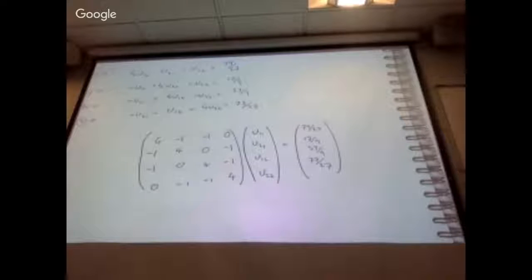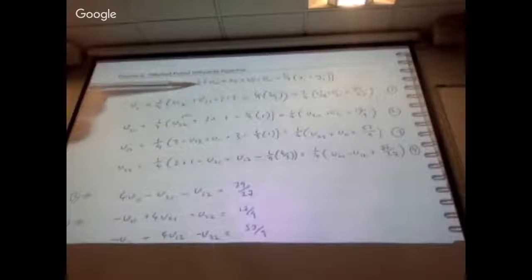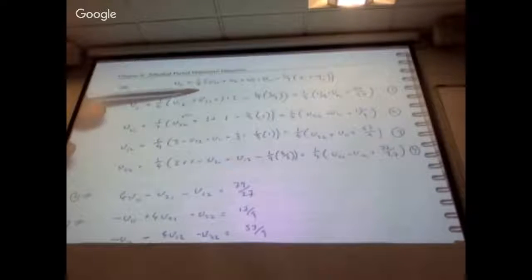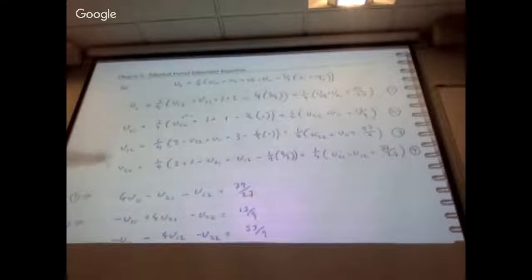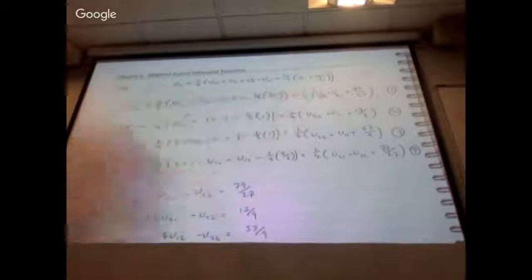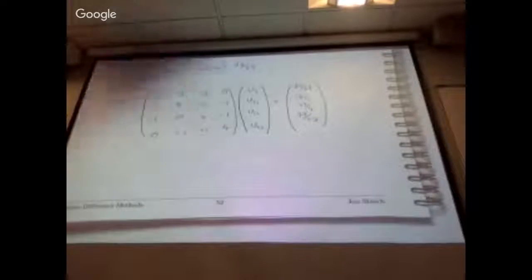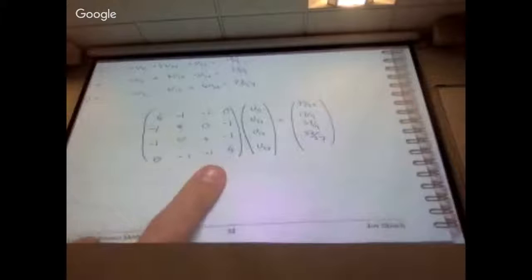You see where that comes from? If I backtrack a bit, we derived this using our finite difference approximations by replacing the derivatives with finite difference approximations. For each node, you can then calculate a linear equation in terms of its neighbours, do a bit of rearranging, and we get down to this linear system here.